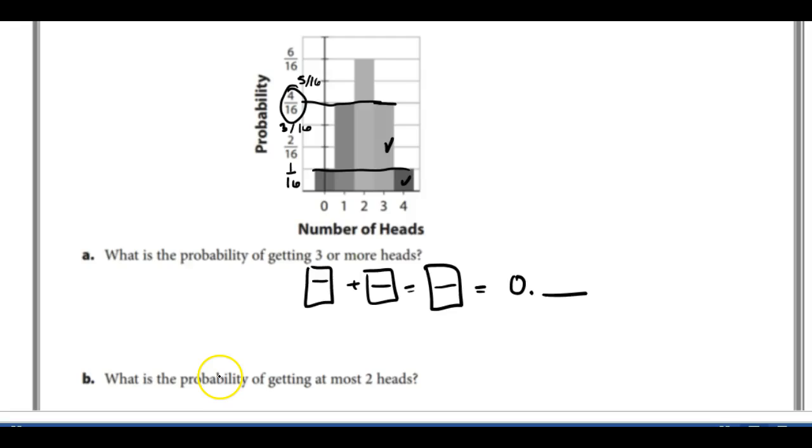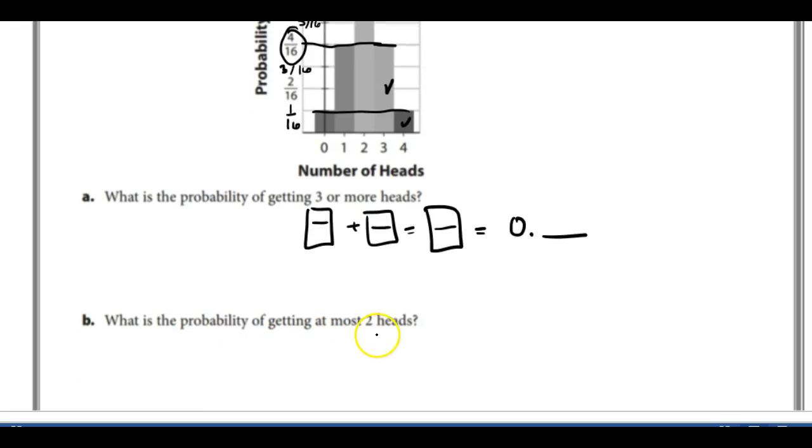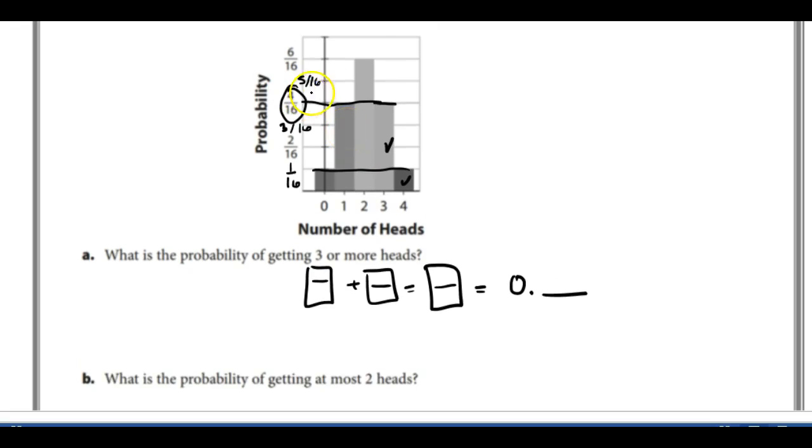It says, what is the probability of getting at most 2 heads? So we want the 2 column, which is about 6/16. So the 2 column. The 1 column, because it could be less. At most just means that's the limit, that's as high as it goes.